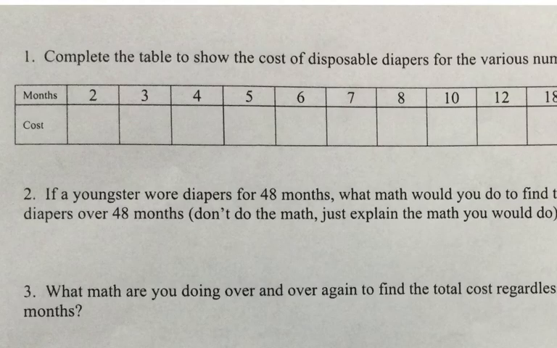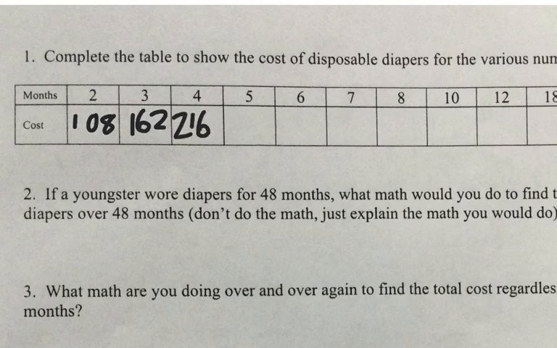So we did 54 times 2 to get 108 for 2 months. For 3 months, it is 162. You can keep doing that. For 4 months, it would be 216. For 5 months, 270.